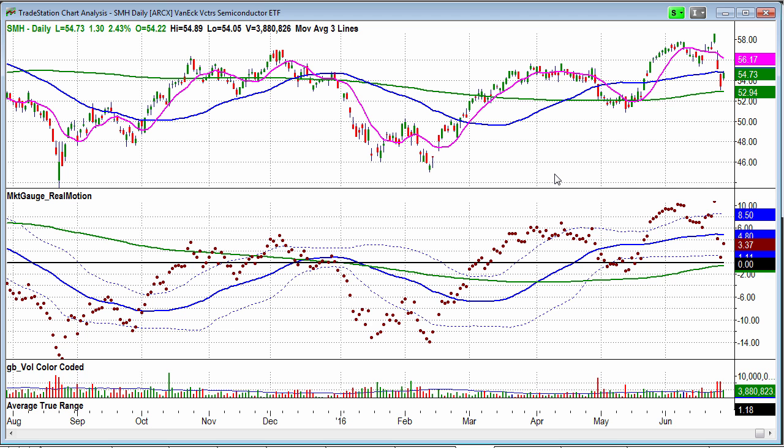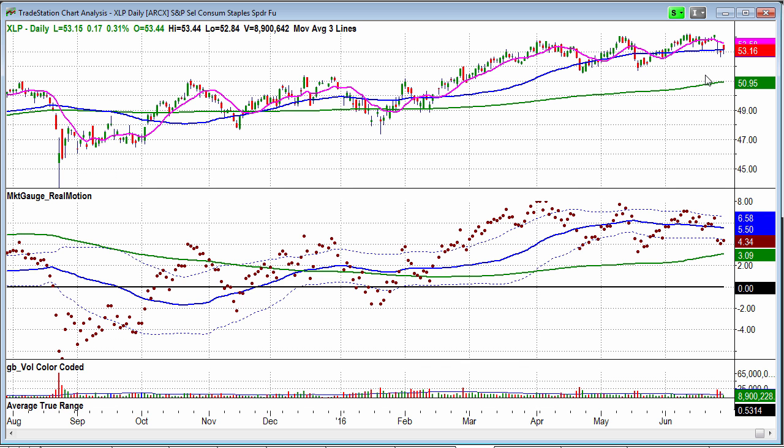Now, it's not all good out there, all right? Let's take a look at XLP. So XLP has been one of the stronger areas of the market, and it's probably for good reason. It's defensive. Now, this, on the other hand, you can see is not really exhibiting what we want to see in terms of momentum. In other words, when it pulls back to the 50 here, the momentum really got hit hard.